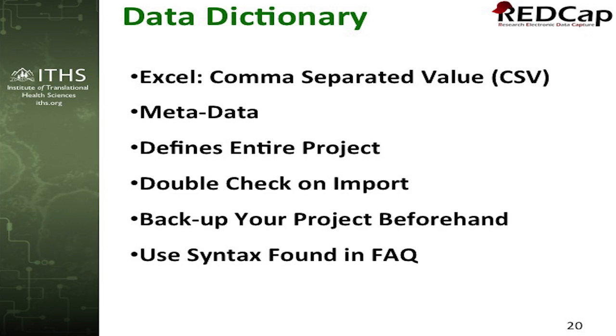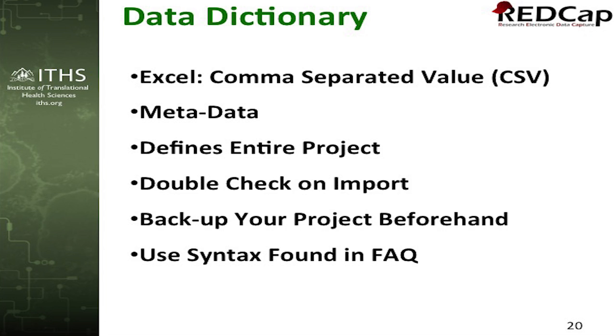So if you have your Apple Numbers preference, or an OpenOffice or a LibreOffice preference, you can use a comma separated value file with that. You don't need an Excel file. It describes metadata, so basically it describes your data variables, and it defines an entire project.